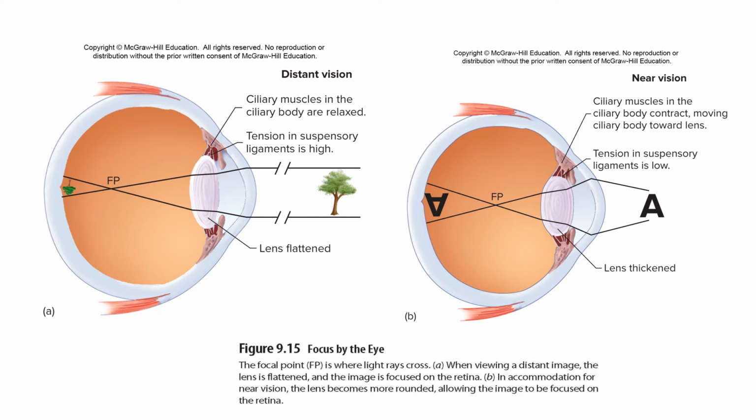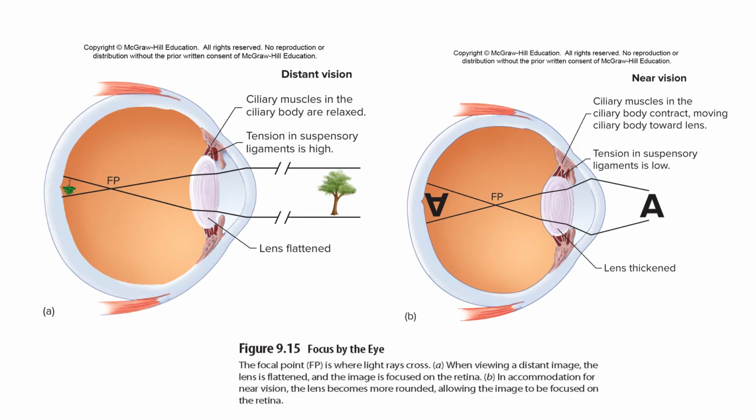Okay? So again, in accommodation for near vision, the lens becomes more rounded, allowing the image to be focused on the retina. So again, the focal point is where the light rays cross. So the farther the thing that you are seeing, kung mas malayo yung tinitignan nyo, okay, the focal point is mas malayo. Okay?